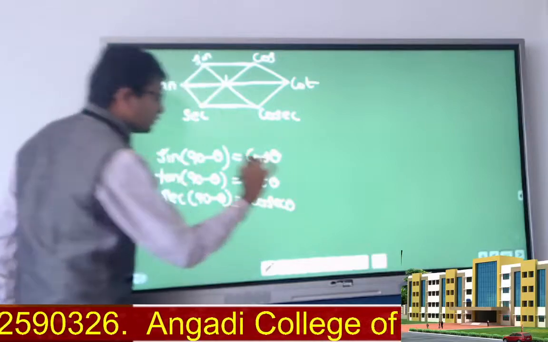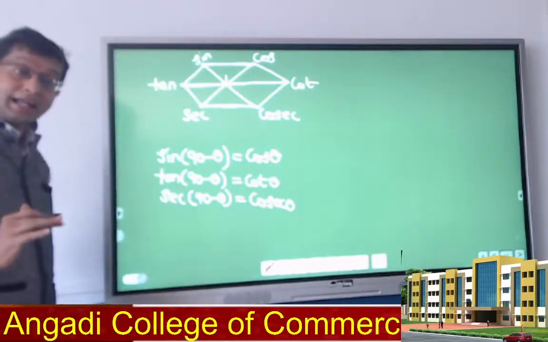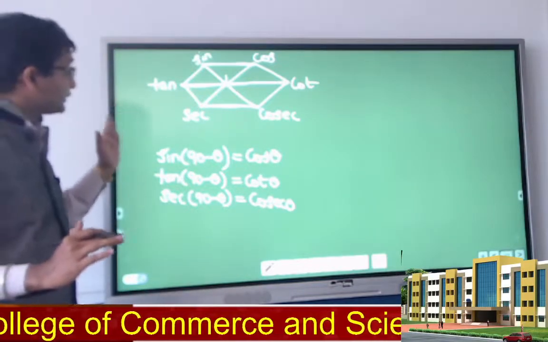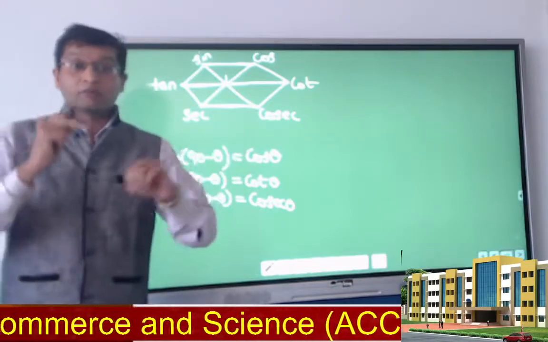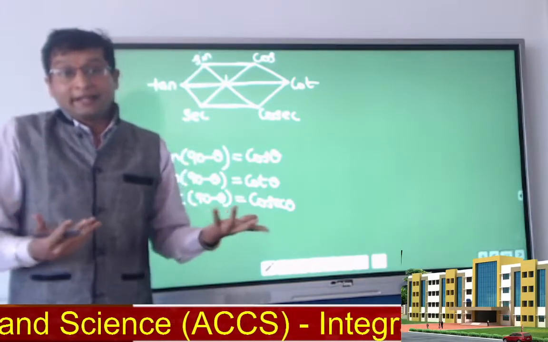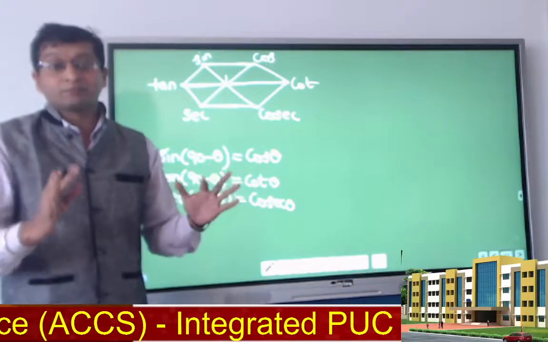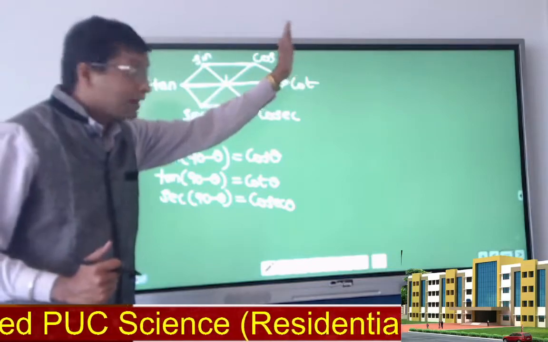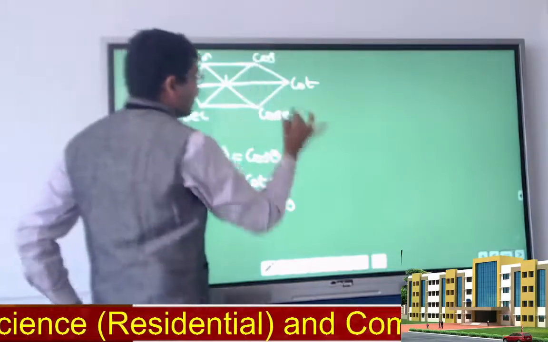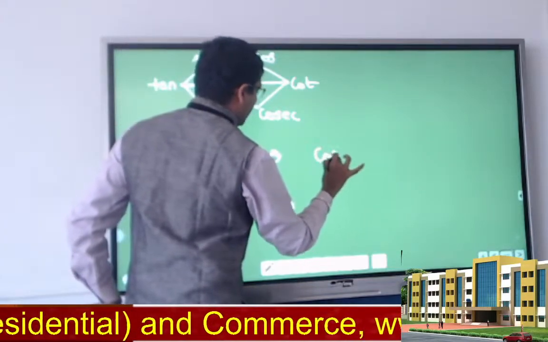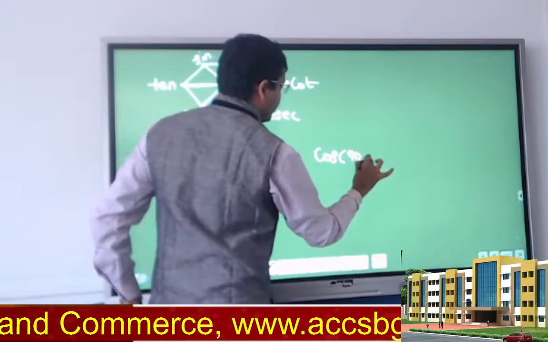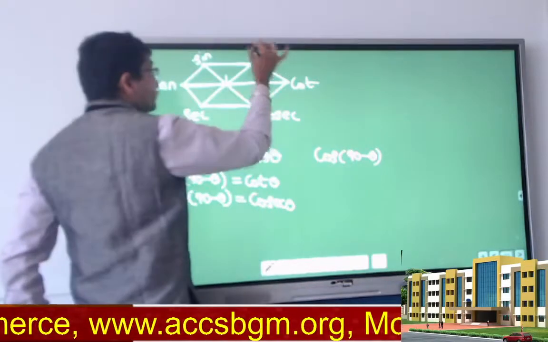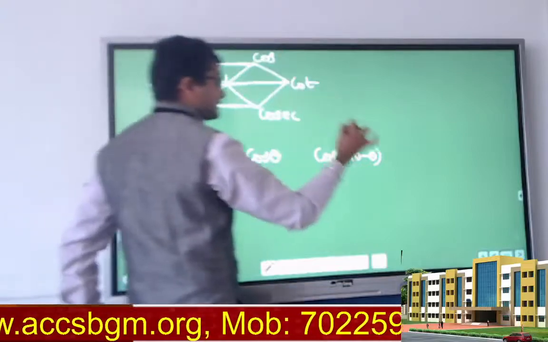So I make use of the parallel lines, and using that I have written three formulas. Totally 6 formulas are there. So how do we remember the remaining 3 functions? Very simple. I have moved from left to right; now you should move from right to left. So first I am writing cos of 90 degree minus theta is sine.